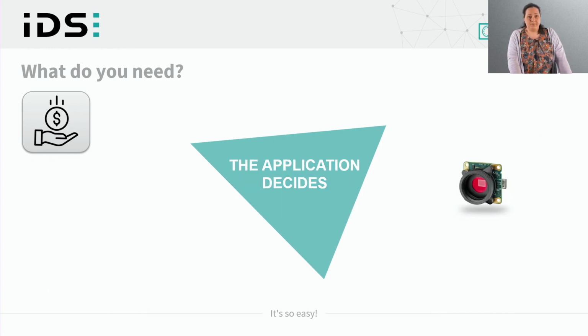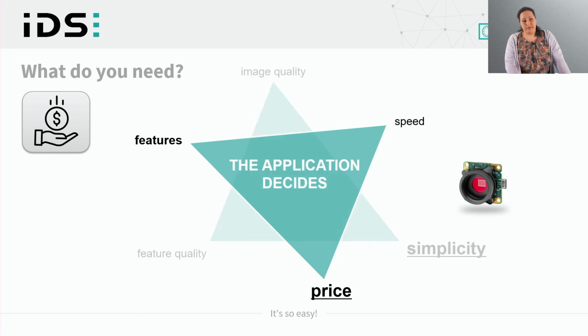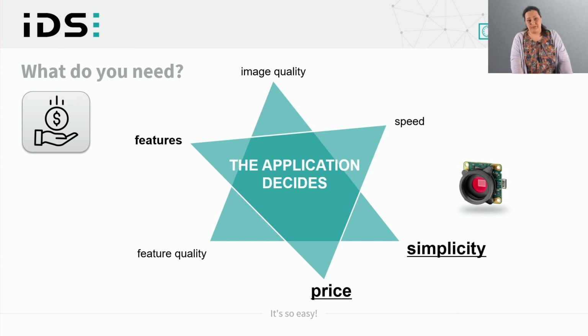Second application, low cost. Also a trend of today's machine vision applications. In this case, the biggest issue is the price. Speed and features are of lower importance. But when we talk about price, it's also important that it's easy to implement your application, because the time that you spend on developing is also adding to the costs of your project.